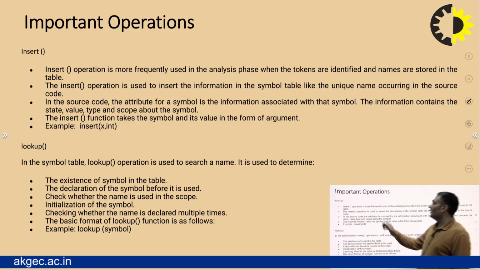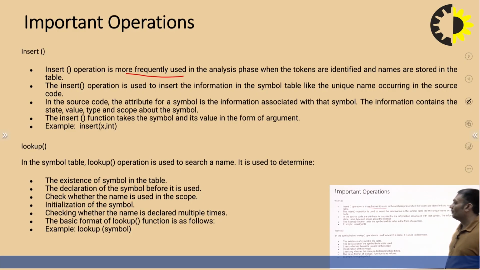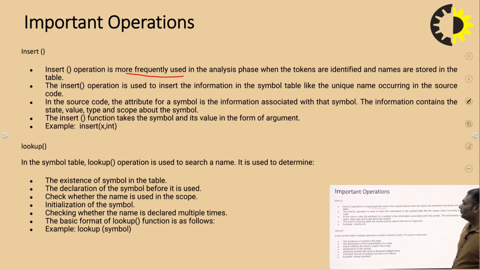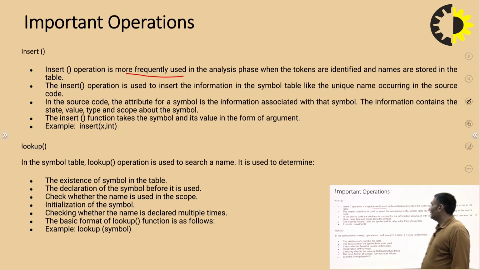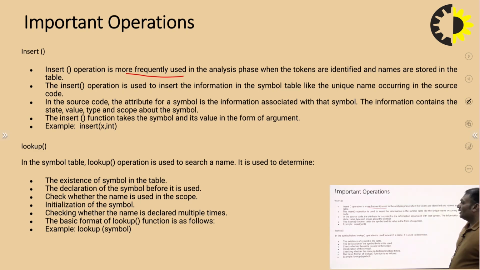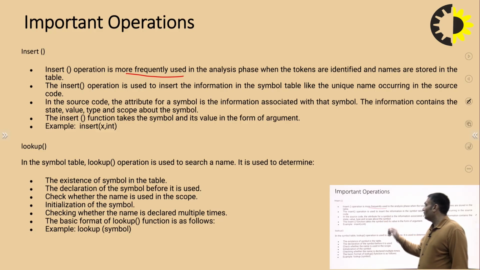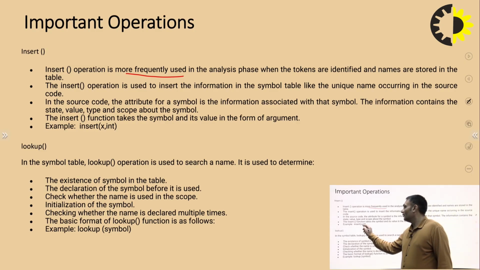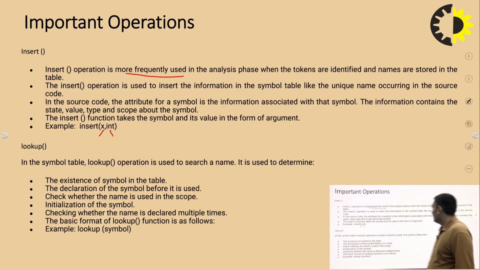If inside the source code the attribute for a symbol and its associated information is found, it is inserted into the symbol table, and the insert function takes the symbol and its value in the form of arguments, like insert x, and what is the attribute of this one.